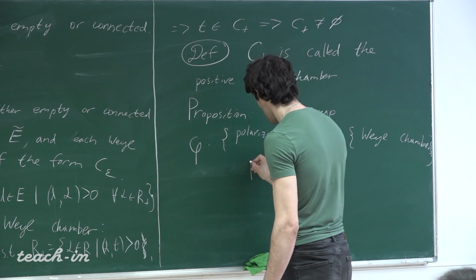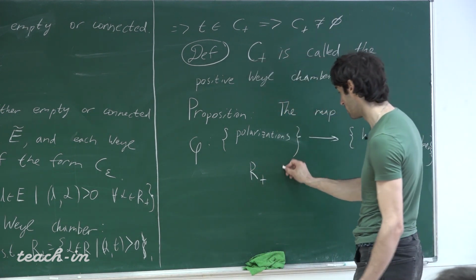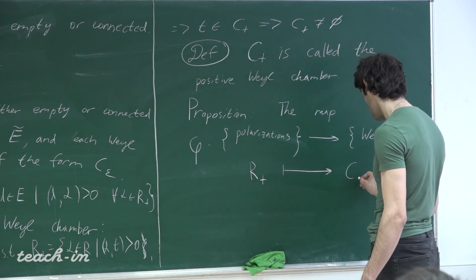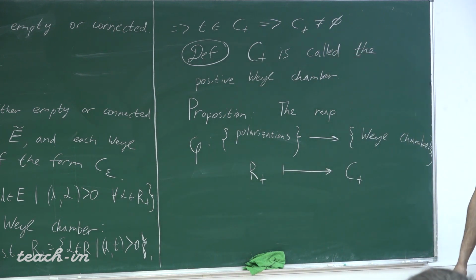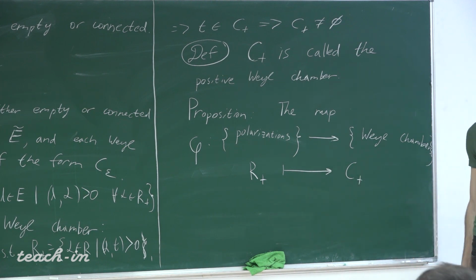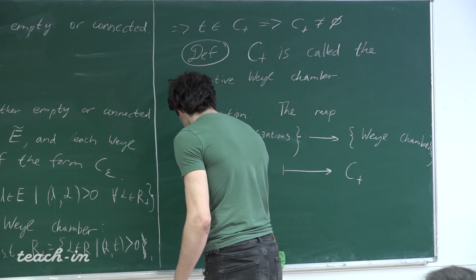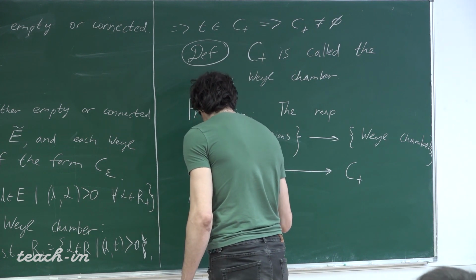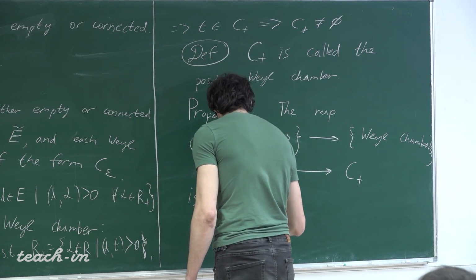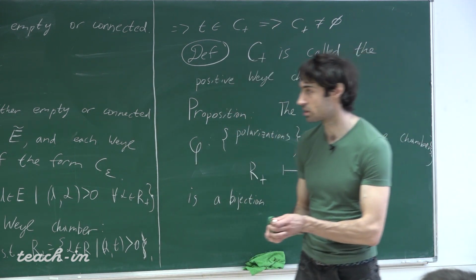I take a polarization, the corresponding positive roots, and send it to the positive Weyl chamber. Of course, if I take some other polarization, my C plus will be different. So this is some map, and the proposition says that this map is a bijection. Let us prove that.